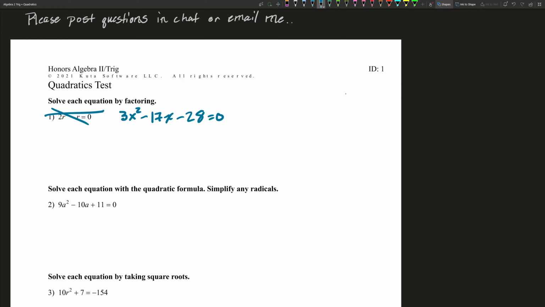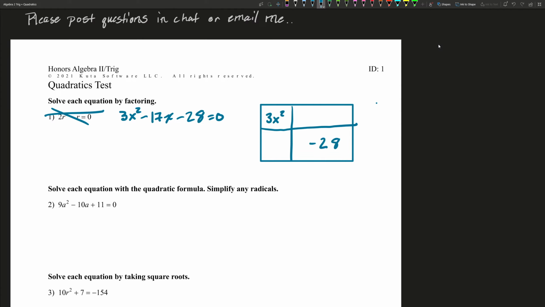You can do this a number of ways. I like to use the box. You don't have to, it just helps me think. In this box, 3x squared goes top left, negative 28 goes bottom right, and we need factors of 3x squared. The only ones that work are 3x and x.